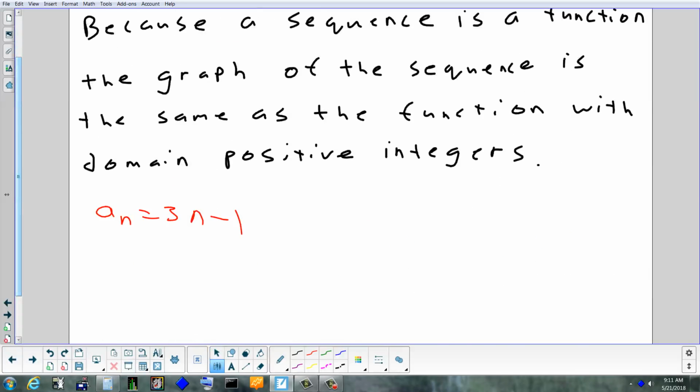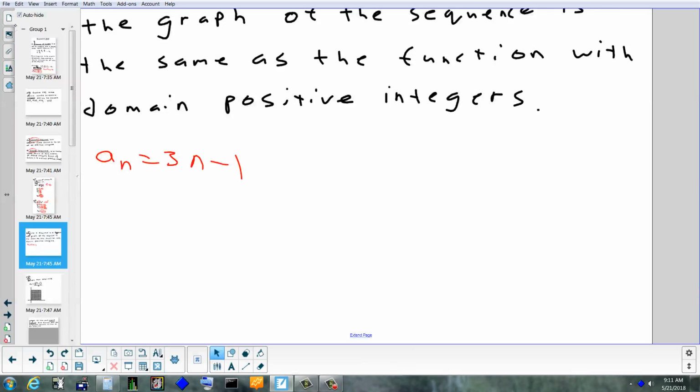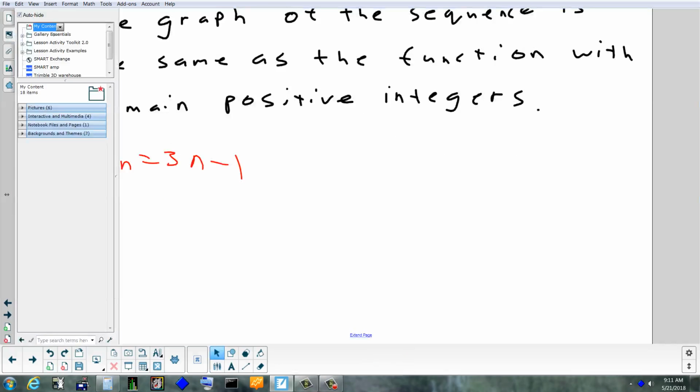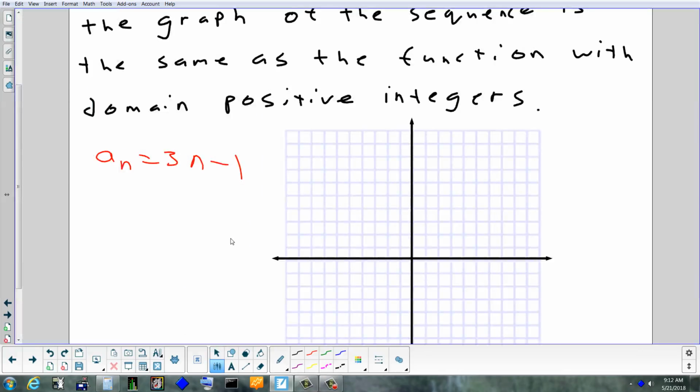It's connected. It's continuous. When we draw it, it would look something like this. Let's graph it. So it's got a y-intercept at -1, and the slope is 3. So I can go up 3, right 1. Okay. Up 3, right 1.